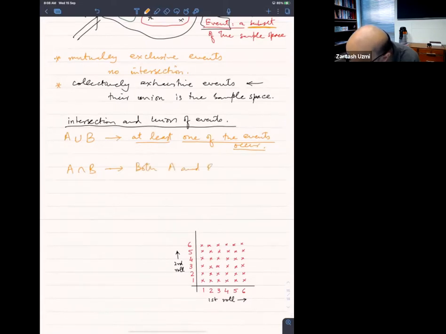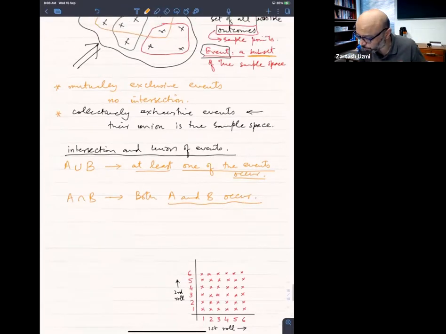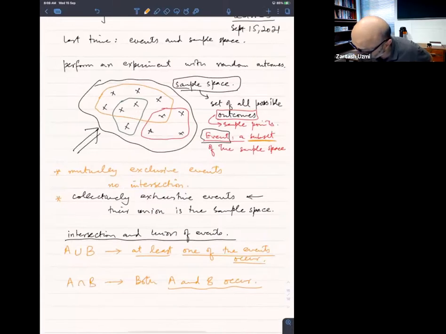And what does it mean for an event to occur? An event occurs when any of the containing outcomes occurs. Okay. And what does it mean to have an outcome occur? Whenever you perform the random experiment, in the entire sample space, exactly one outcome will occur.